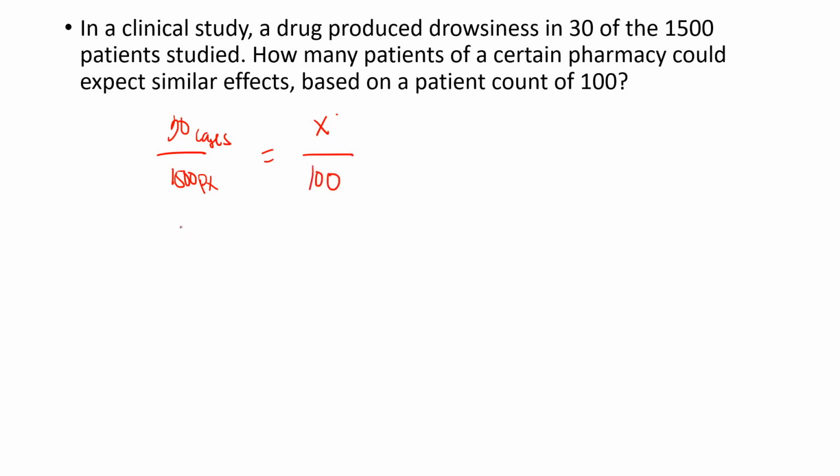Simply rearrange the equation again. 30 times 100 over 1,500 equals x. You'll get an answer of 2.